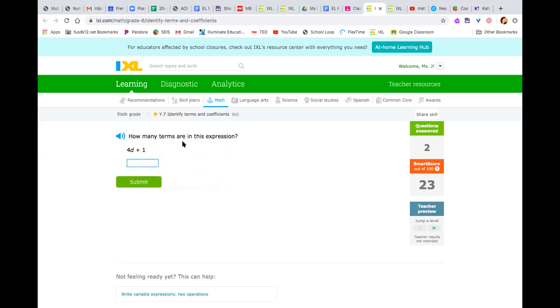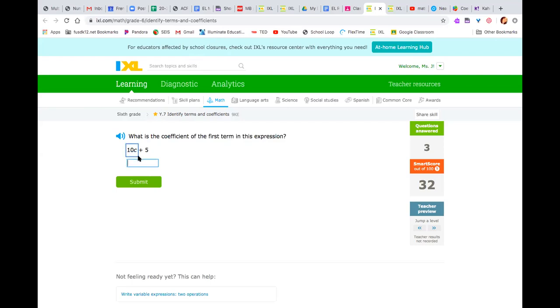I'll do another one. So how many terms are in this expression? 2. Okay. Now this is saying something different, okay? What is the coefficient of the first term in this expression? Okay, so I still have to be able to identify terms, so I still want to do my boxes.